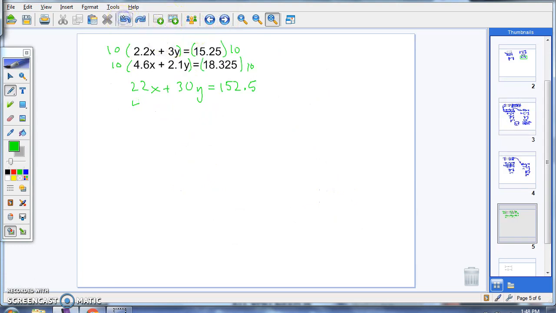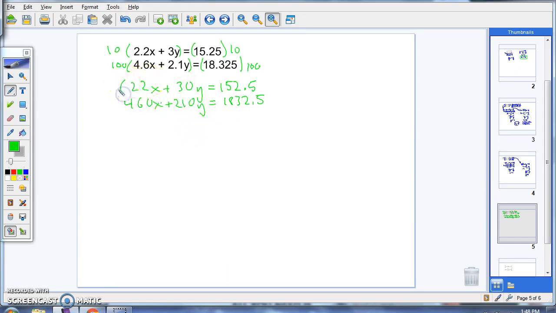I'm going to multiply this instead by 100, because then I get 460x plus 210y, and I'll show you why that's important in a second, equals 1832.5. Now, if you look carefully at this, 30 goes into 210 7 times.